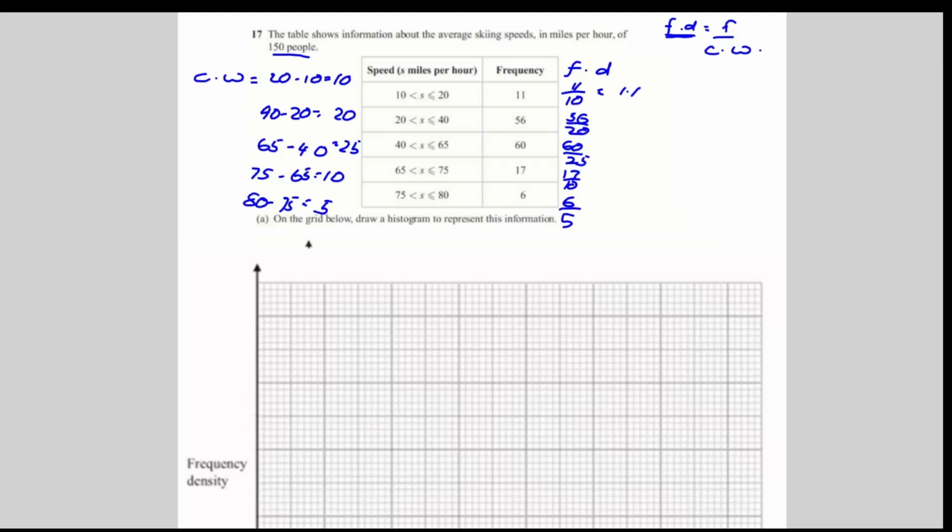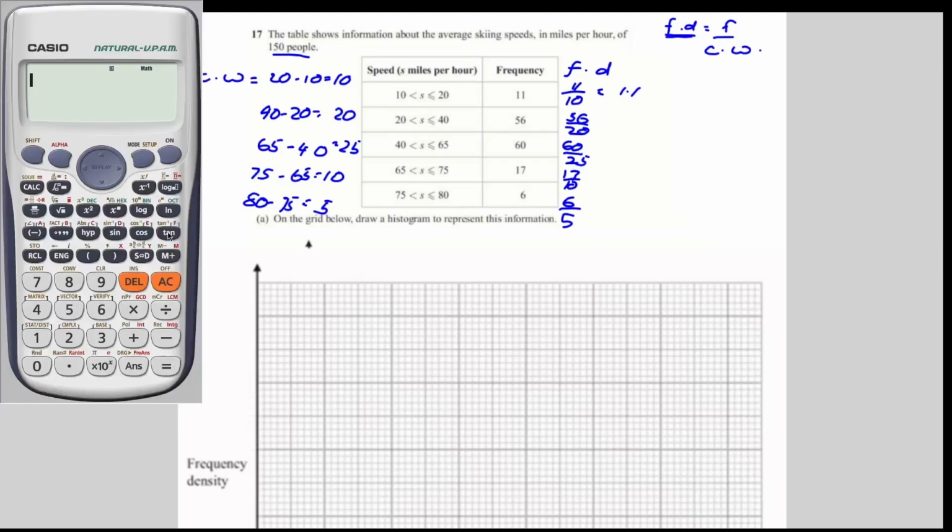Let's get the answers now. 56 divided by 20 equals 2.8. Next one is 60 divided by 25 equals 2.4.